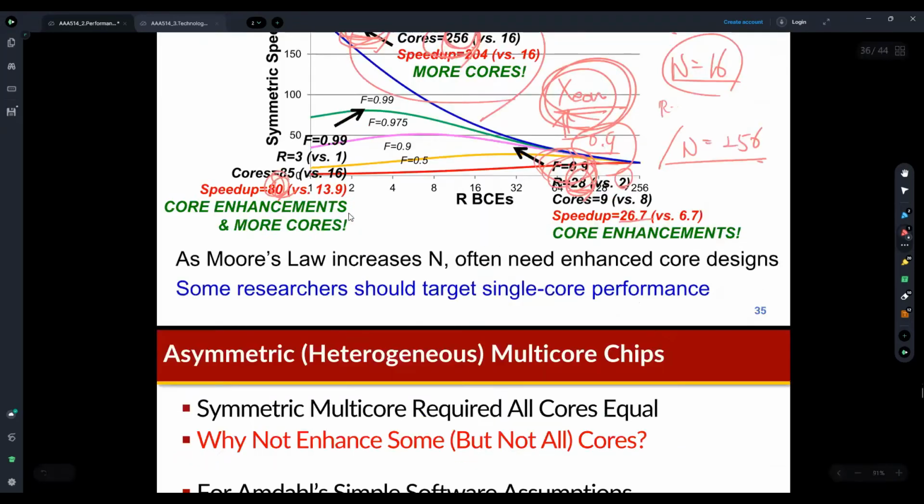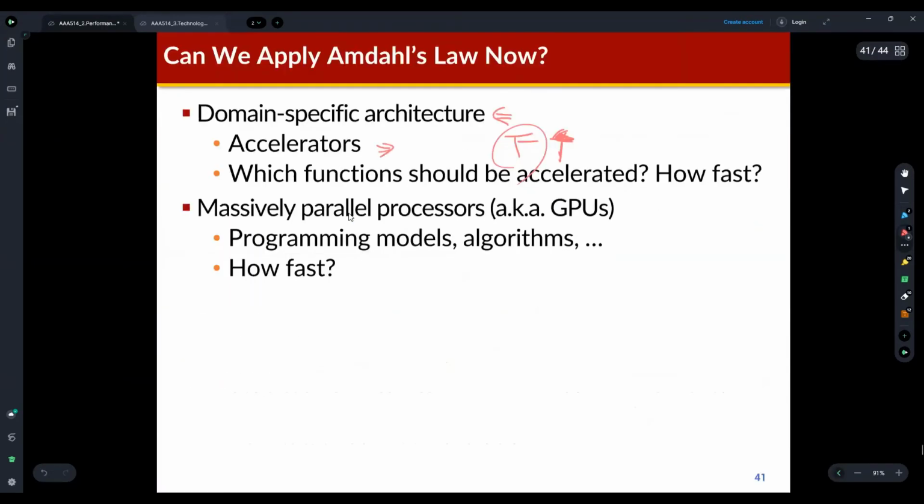So we can say that F is the fraction of some specific domain software. If F becomes higher for the specific domain of software, then it's good for applying accelerators.